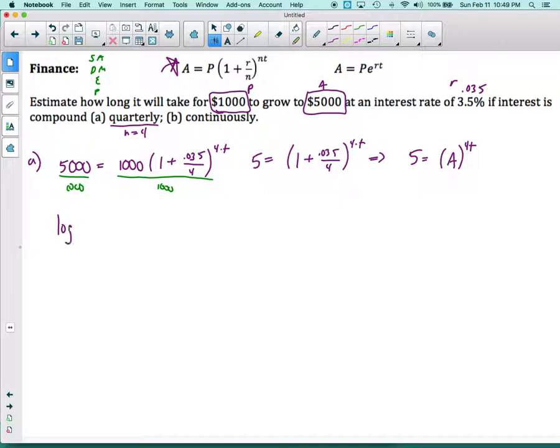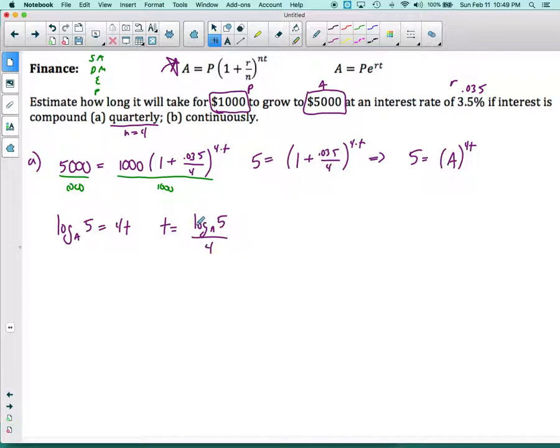So you'd either be writing a log base 1.00875 or whatever it was, or what we can do now is just say, log base A of 5 is equal to 4t. So of course getting t by itself would give us t equals log base A of 5 divided by 4.